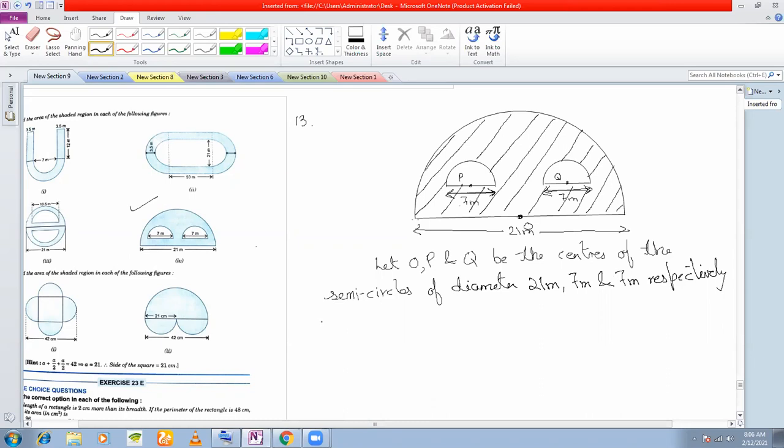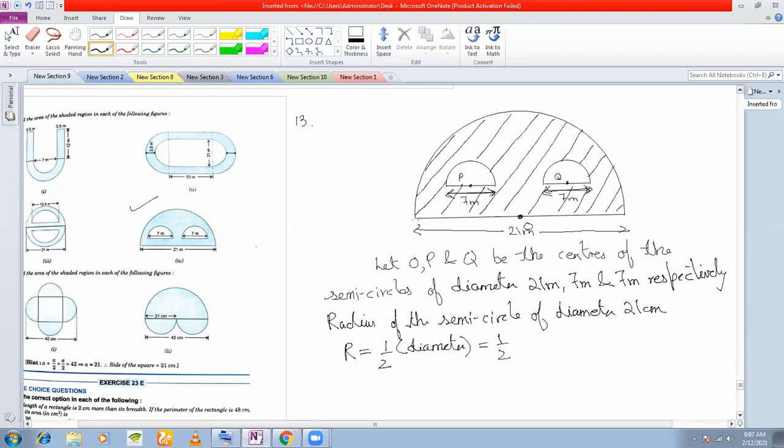Okay. So the radius of the semicircle of diameter 21 centimeter, let us call it capital R. So this radius must be equal to half of diameter, which is equal to half of 21, 21 by 2 meters.